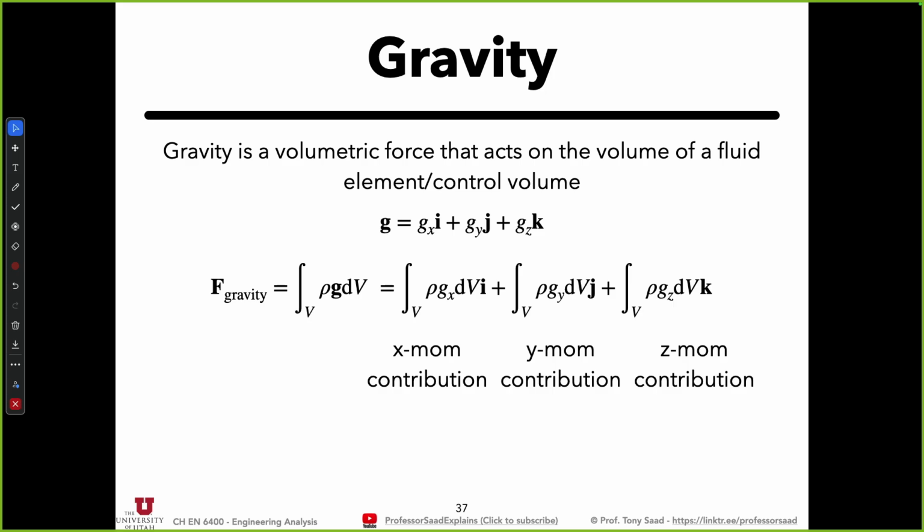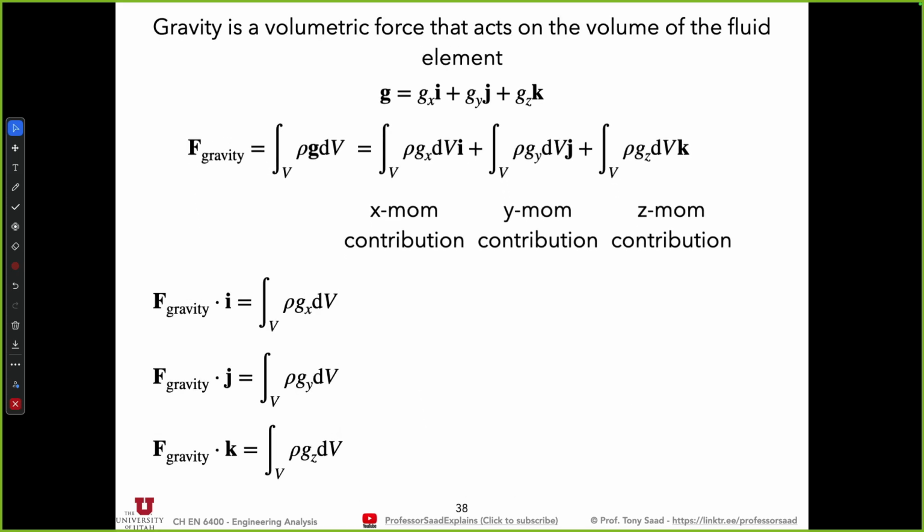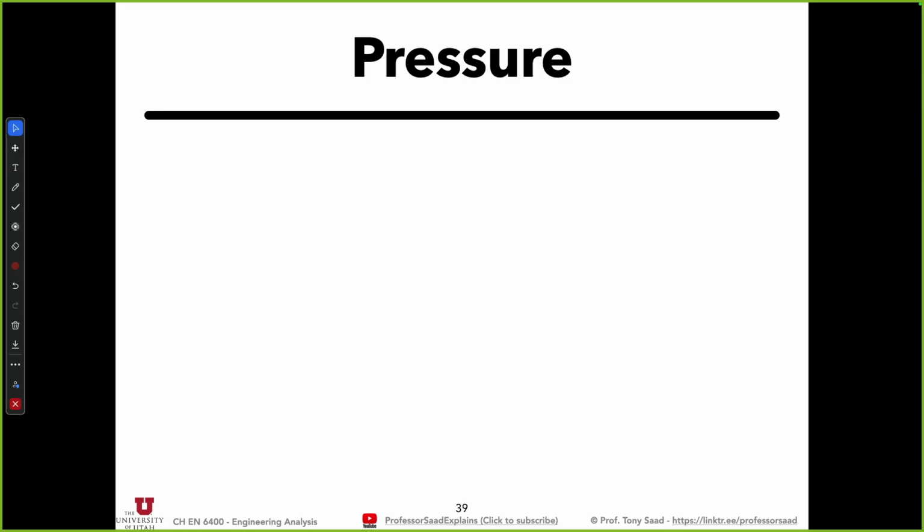That's what I'm headed towards, okay? So that's why I'm writing these as volume integrals. Even the surface forces, I'm going to convert them to volume integrals. Okay, so that would give us these individual contributions. We're going to add those up eventually. So the x gravitational force goes in x momentum, the y gravitational contribution goes to y momentum, and so on.